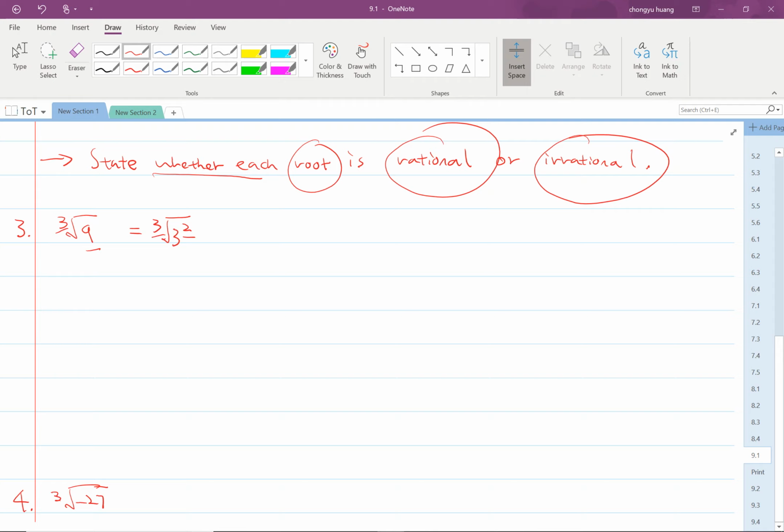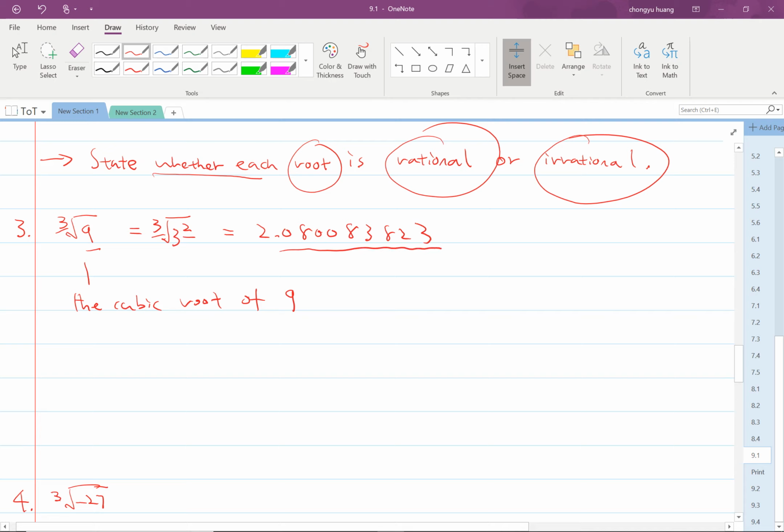Okay, so the next thing you have to do is try using your calculator to find the value of the cubic root of 9. That's how you read it, the cubic root of 9. And I find the number is 2.080083823.